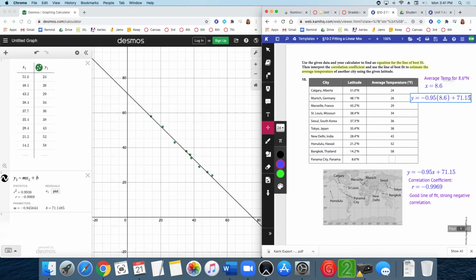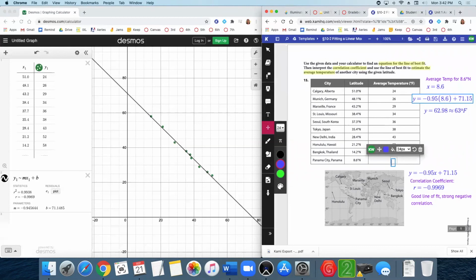So now what I can do is find the next value of my line. I'm just going to type that into my calculator. So I get 62.98, which is about 63 degrees Fahrenheit. So my average temperature down here, I can write in 63 degrees for Panama City, Panama.